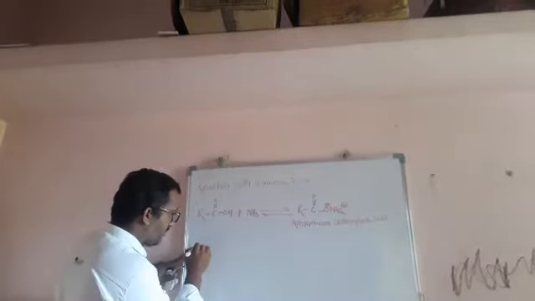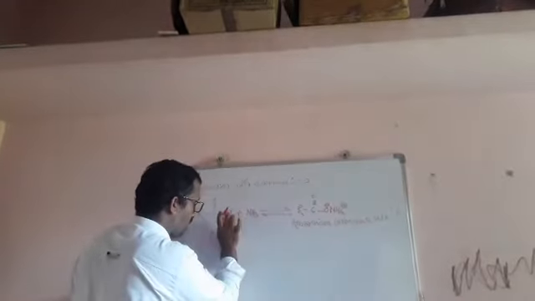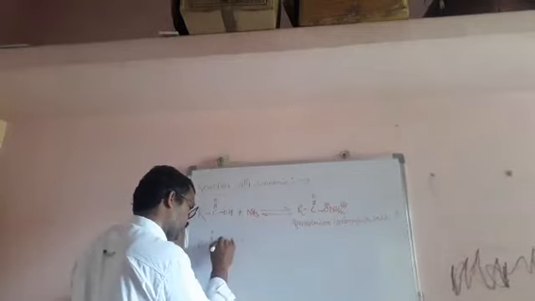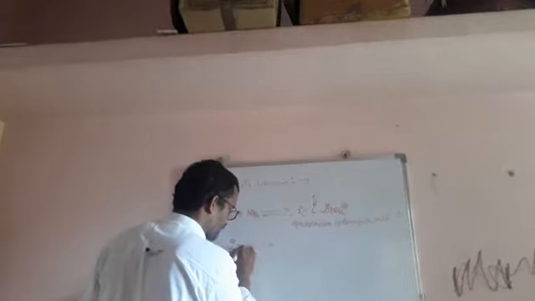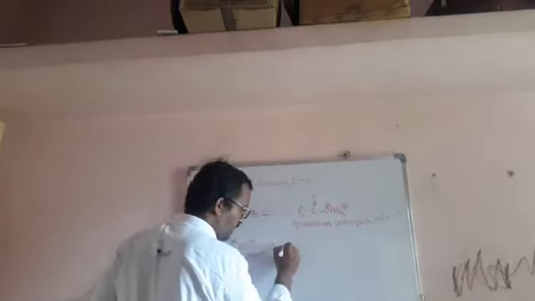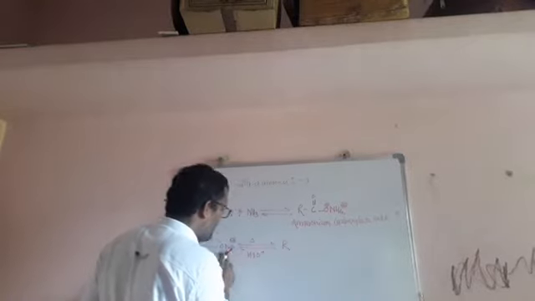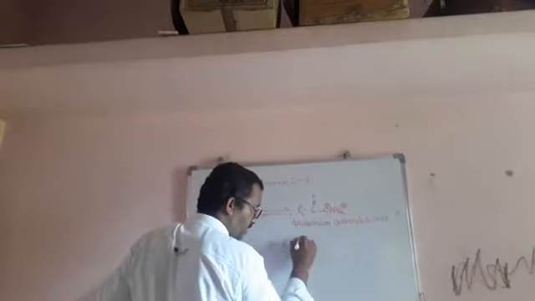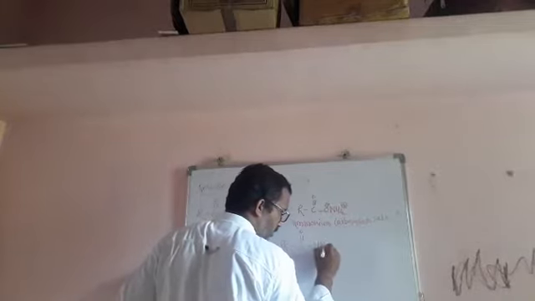When this ammonium carboxylate salt is strongly heated, it gives the corresponding amide, where the ONH4 is converted to NH2, giving RCONH2, along with the byproduct H2O. This is the amide.